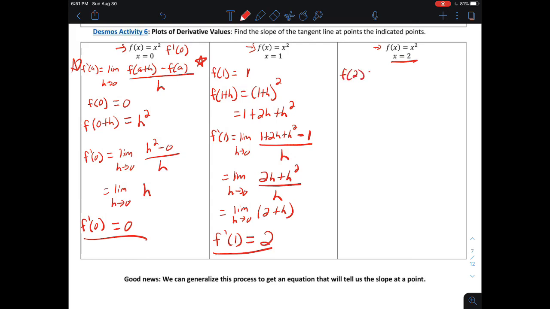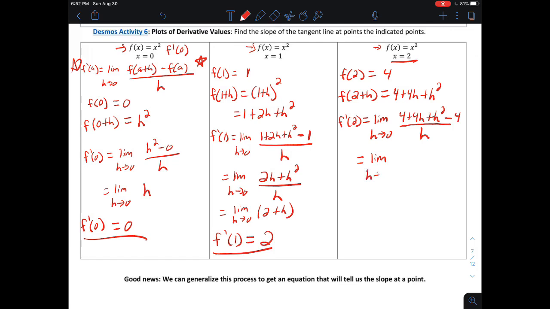Now at x equals 2, I need to know what the y value is at 2, which is 4. I need to know what I get when I put in 2 plus h. Now I know I'm going to square that, so I'm going to go ahead and expand it. That makes 4 plus 4h plus h squared. And then I'm going to put this into my limit. So f prime of 2 is going to equal the limit as h approaches 0 of 4 plus 4h plus h squared minus 4 over h, and simplify that limit so I can evaluate it.